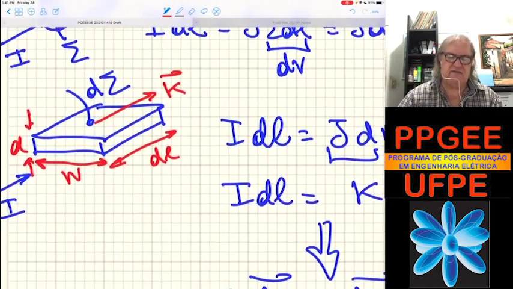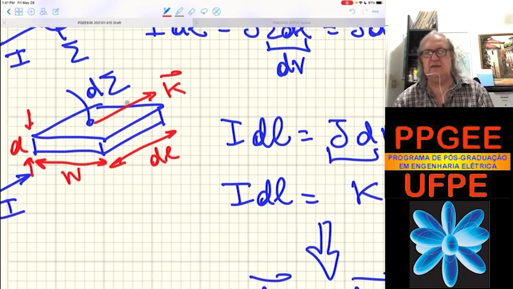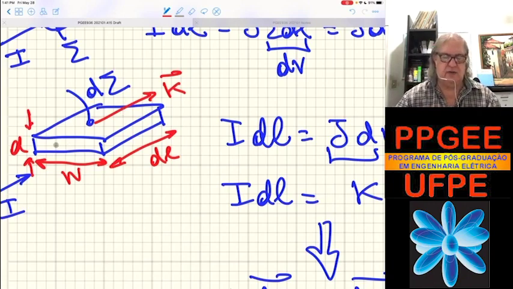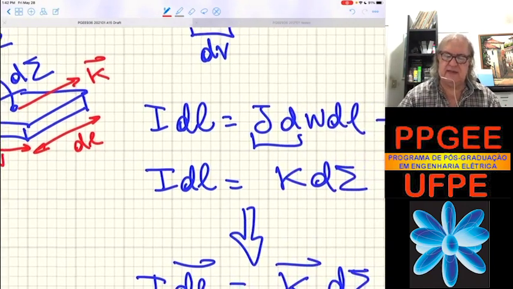Also, if you have a surface instead of a volume, a two-dimensional region, we have a current that crosses a transverse length W, and a thickness D. The surface area is sigma, so we would have a surface current density. So let's relate IDL with the surface current. What happens?